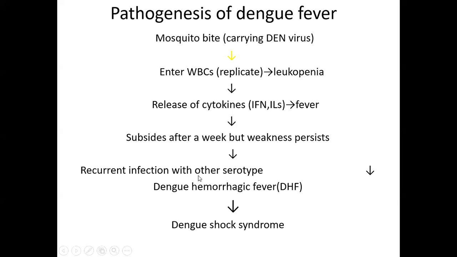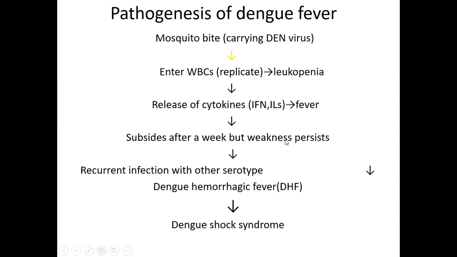Recurrent infection with other serotypes may occur, and severe forms of dengue virus infection can occur: the dengue hemorrhagic fever and the dengue shock syndrome. These two are the severe forms.